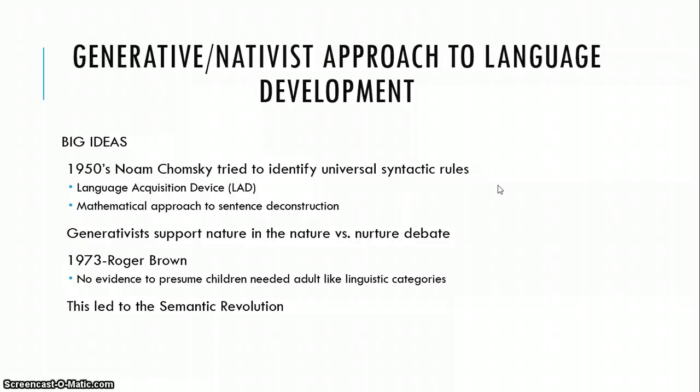Sounds crazy, right? But the semantic revolution stated that the semantic syntactic relations apparent in children's early language correspond closely to categories of infant and toddler sensory motor cognition. Whew. Okay, so again, this is a supplement, so make sure you read the Owens text about the semantic revolution.